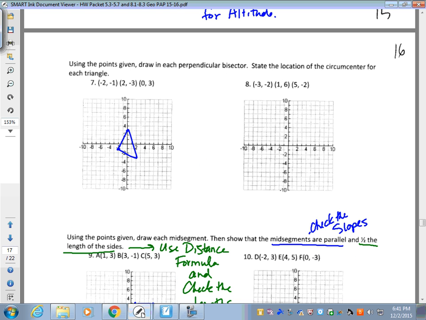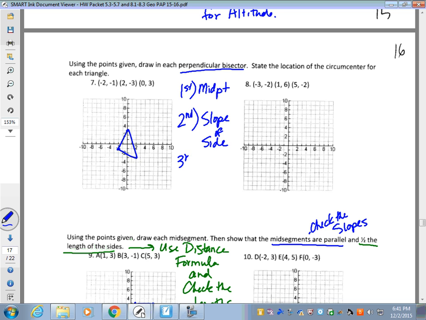Alright, so on the next section, you're doing perpendicular bisector. So when I'm dealing with perpendicular bisector, I first need to find the midpoint of each side, or start with the side. Then I need to find the slope of the side. Then I need to find its perpendicular slope.